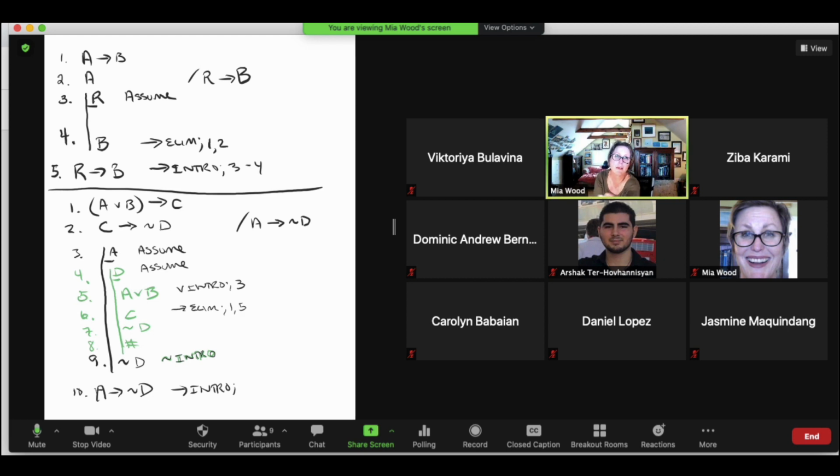And I want to talk about that in just a moment. Once we generate the consequent of line 1, we now have the antecedent of line 2. So we eliminate the conditional at line 2 by affirming the antecedent at line 6.